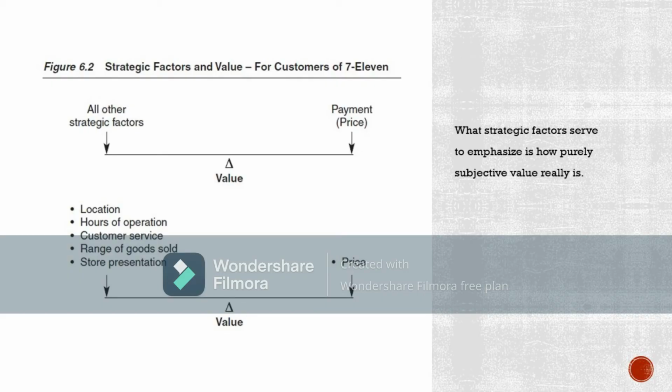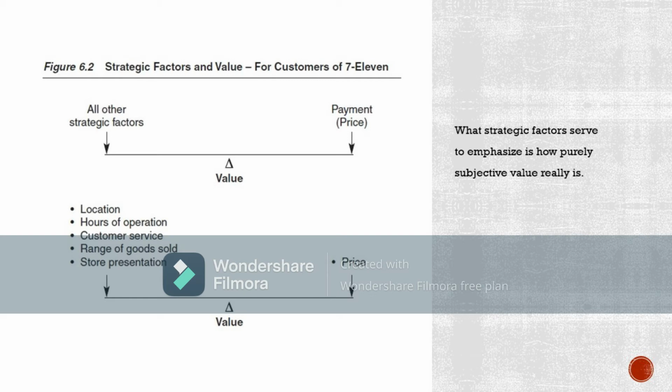So, in the case of 7-Eleven, the store offers location, hours of operation, customer service, range of goods sold, and store presentation, while it expects or gets payment from a customer's point of view. The transaction looks like figure 6.2 pointed here.